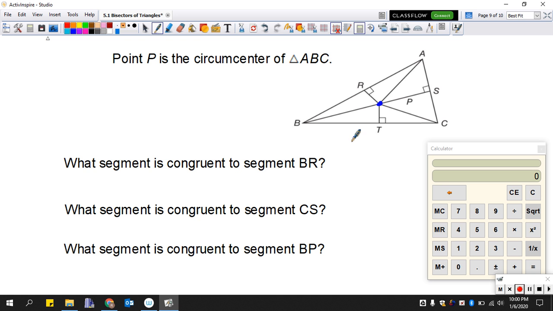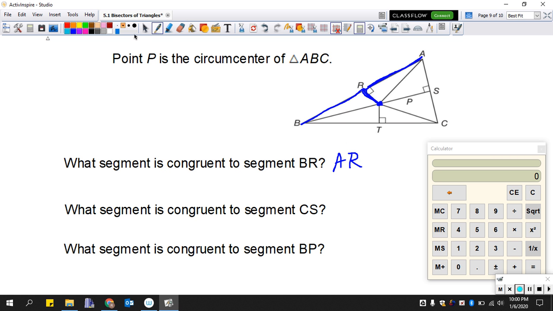It says which segment is congruent to segment BR? Well, BR is this right here. That deals with this perpendicular bisector, so this right here, AR, is congruent to segment BR.